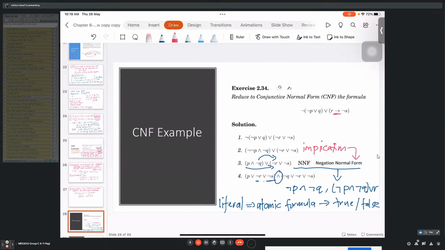And then we have P or negate R or negate S, and Q or negate R or negate S. Okay, boleh eh?